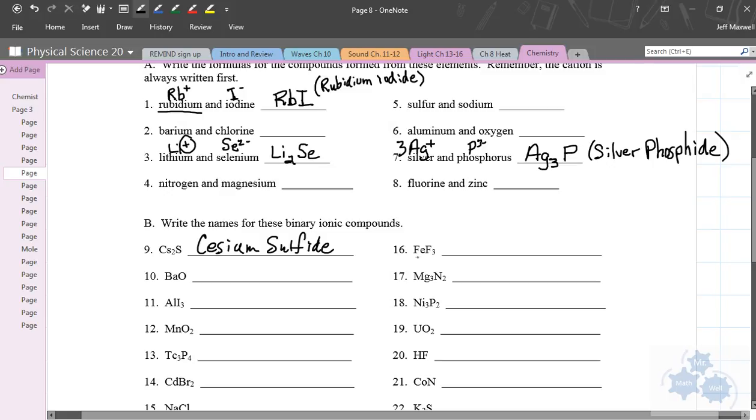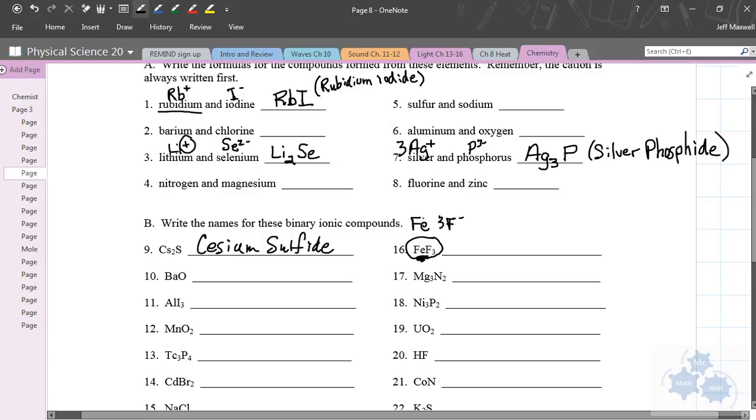Now, this one over here, though, 16. We need to take a look at 16. Let's just finish this thought here. Why do we need to take special consideration with 16? Yes, iron has more than one charge. Now, from this compound, you should be able to tell which ion is being used, because there are 3 F minuses and there's only one iron.